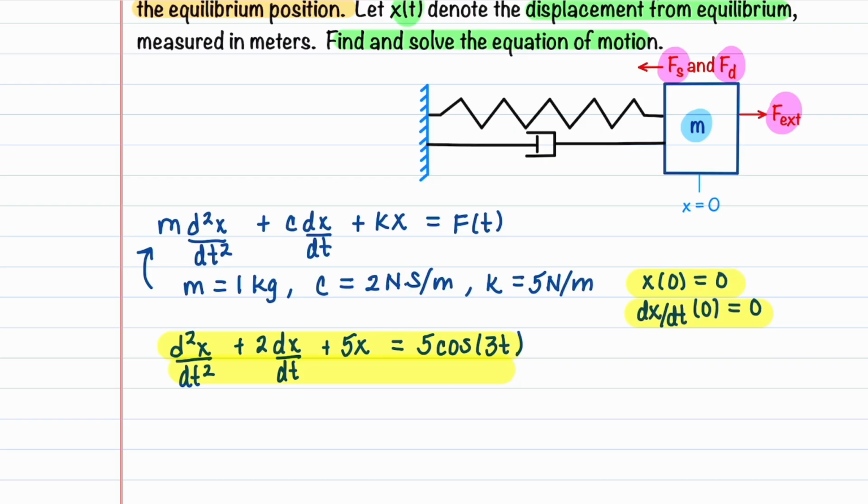This equation is a non-homogeneous second-order ordinary differential equation, and the solution is made up of two pieces. The solution x of t is equal to the homogeneous solution, notated by x sub h of t, or you could notate it as x sub c of t, plus the particular solution.